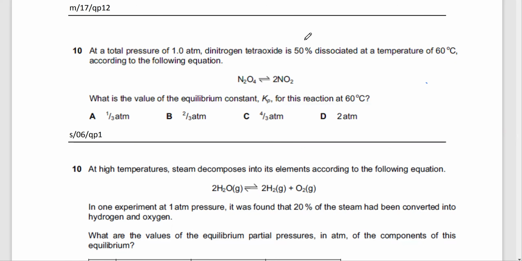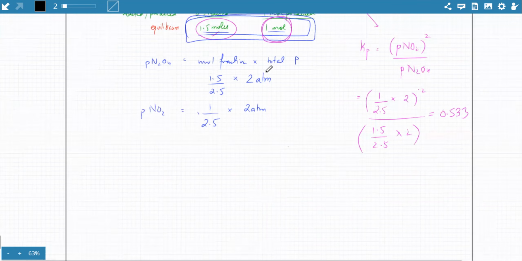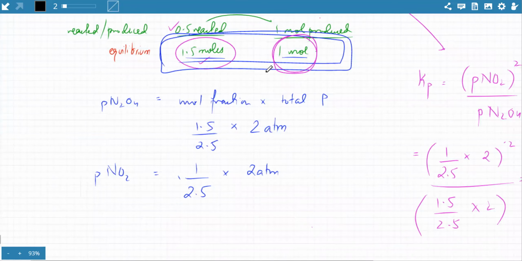Remember one thing, that when you're doing Kp questions, even moles are not necessary. What is required is the mole fraction. Remember what was the formula for partial pressure? It depended on the mole fraction of a particular substance multiplied by the total pressure.